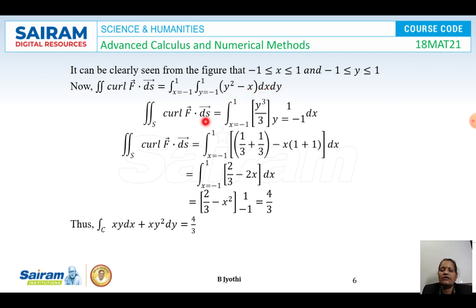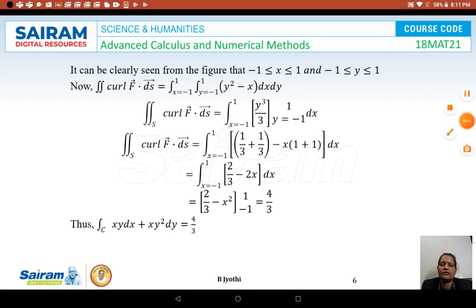That is, first we will be integrating with respect to y. Here the order has to be interchanged, because this has to be y and this has to be x here. So when we interchange and integrate, we get y cube by 3 minus xy, from y equal to minus 1 to plus 1.